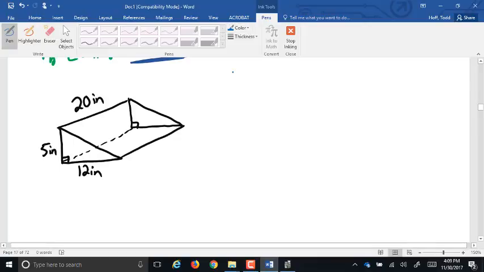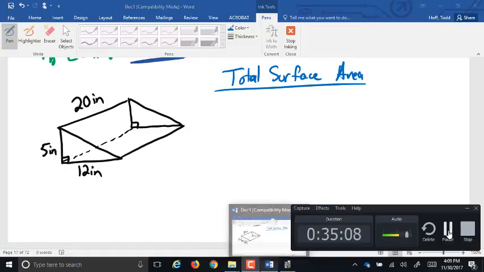I want you to find the total surface area here. I'll pause the recording and give you guys a few minutes to work on it.